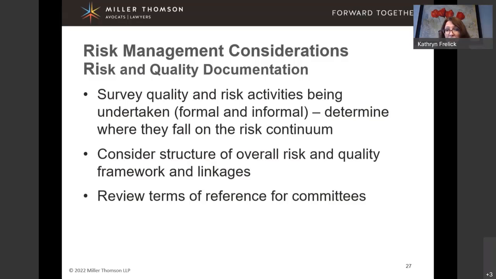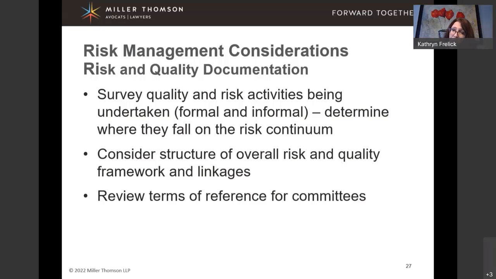So again, to rely on the quality of care exemption under FIPA, it must be confidential information that is provided for or prepared for a hospital committee. So having that committee structure will be one of the key requirements in order to be able to rely on that.